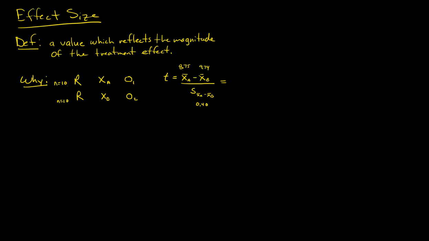So when you plug and chug this, you get negative 2.475.